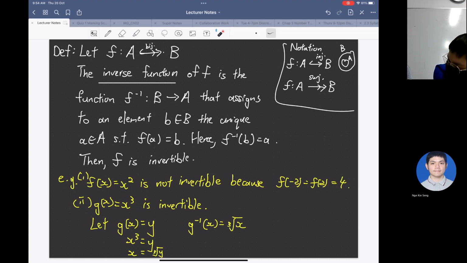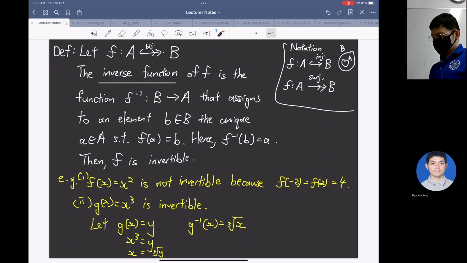So what's your question? This y is in the codomain, not R. What is R? Real numbers.